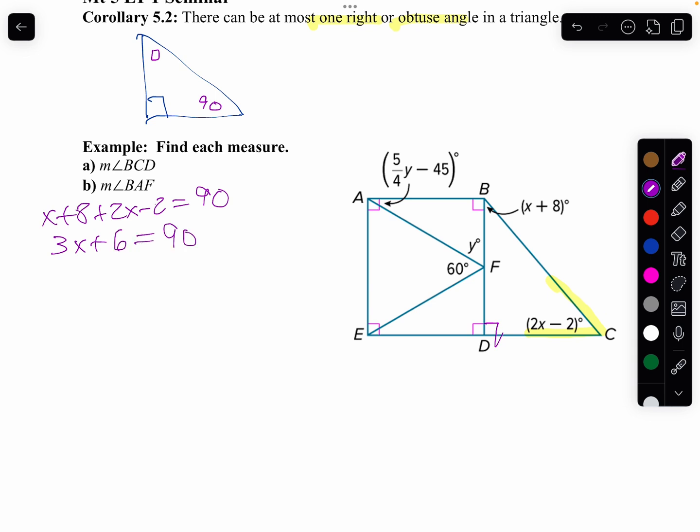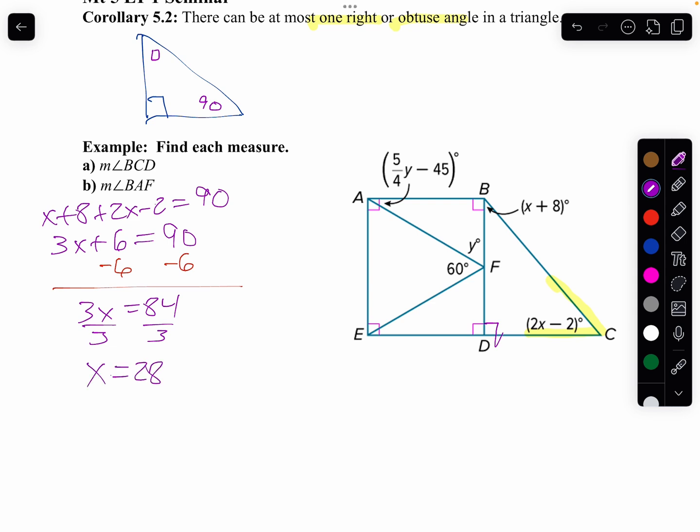Well, then if I do a little algebra here, minus 6 from both sides, and we get 3x equals 84. Divide by 3, and 84 divided by 3 is 28.